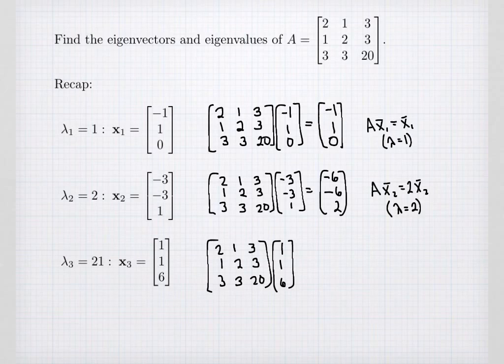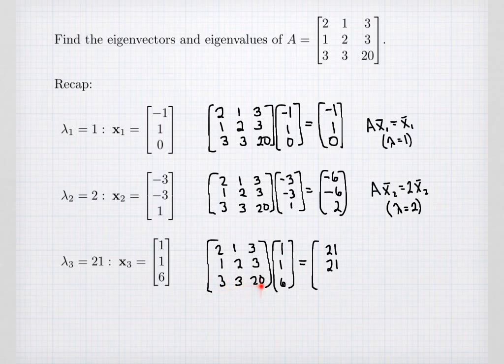Finally, here's the setup for our third. We'll take each of our rows times our vector, and when we take our first row, we get 2 plus 1 is 3, and 18. 3 and 18 is 21. We'll get that again on the second.